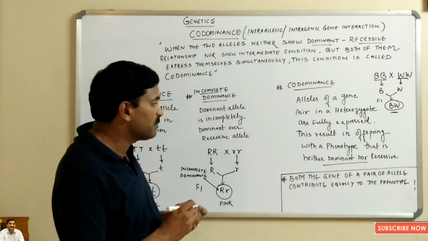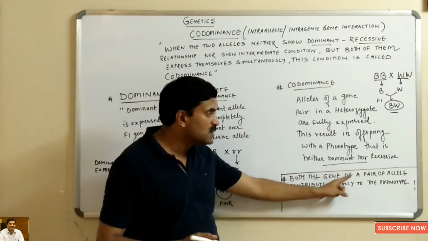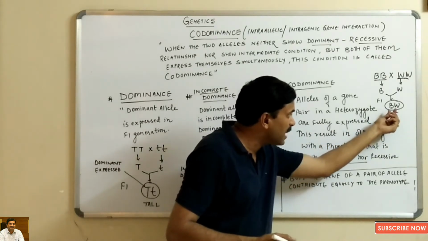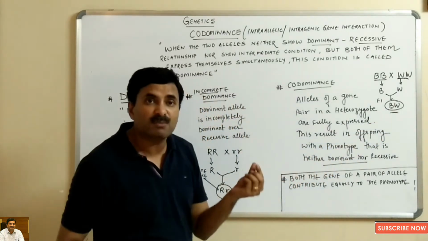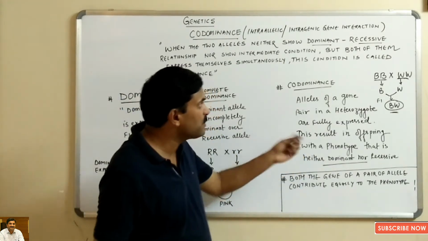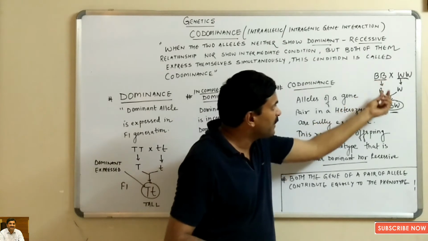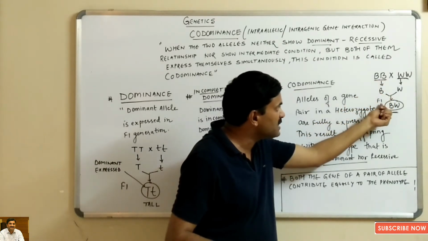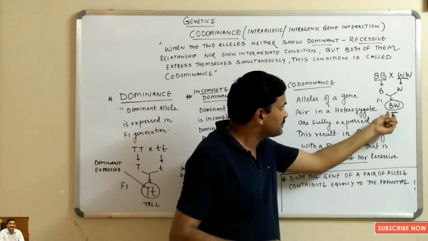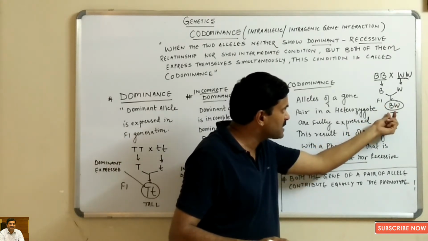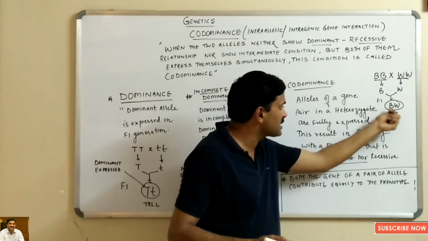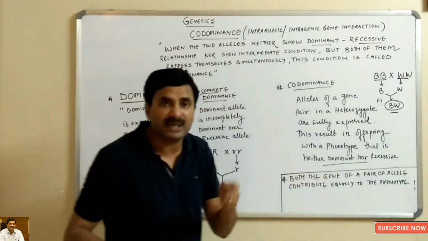What does it mean? It means that both the genes of a pair of alleles contribute equally to the phenotype. Are you getting it? When a pair of alleles is crossed together, in the F1 generation we know there is a pair of alleles present. This is a heterozygote, but in the heterozygote both of these genes are expressed together.